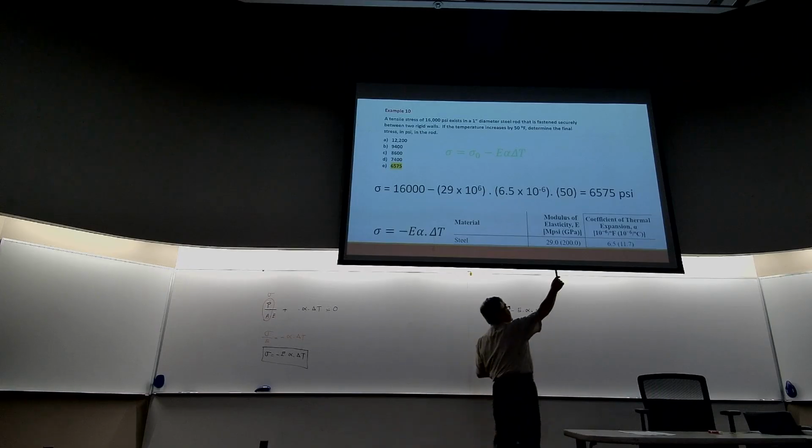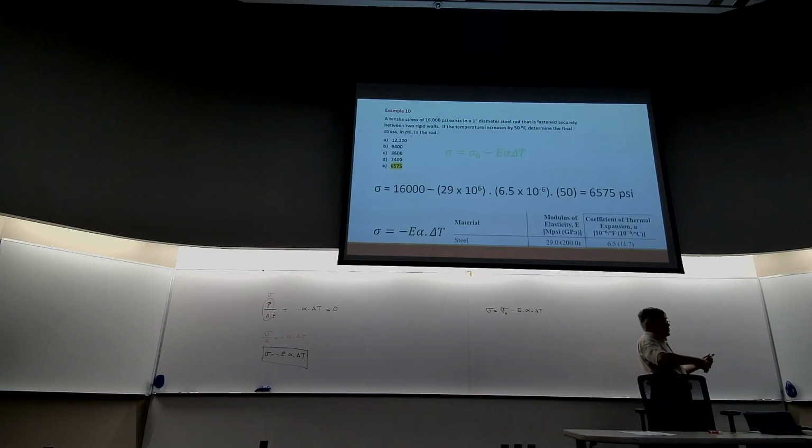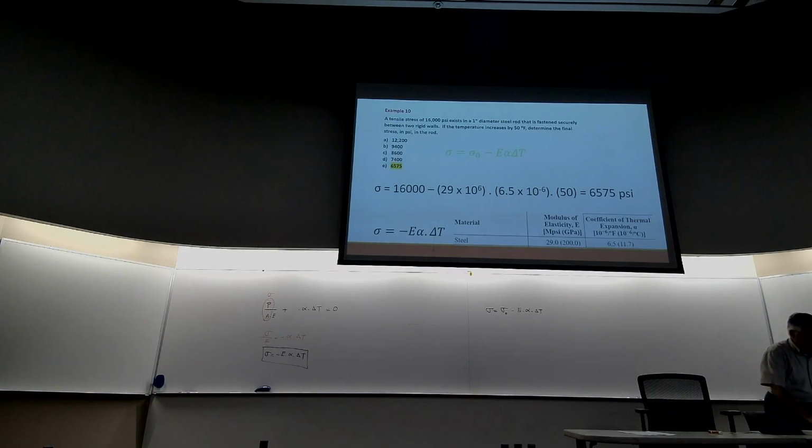This is a piece of that table from the other book, not your textbook, showing you E of steel, 29 million psi, and 6.5 times 10 to the minus 6 per degrees Fahrenheit. So this is E, the million psi, 10 to the 6. This is alpha, and this is the temperature in degrees Fahrenheit.